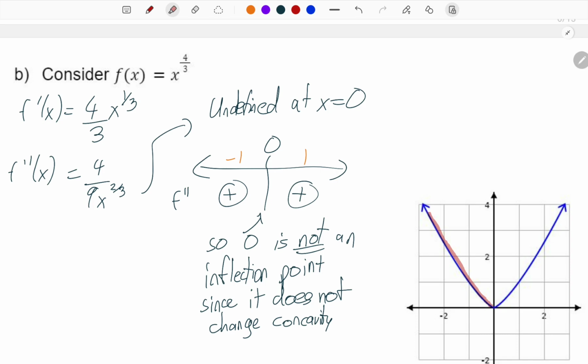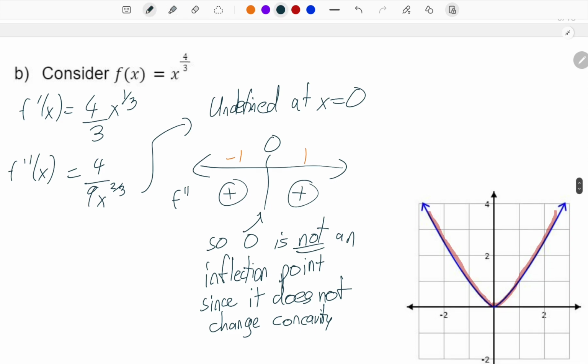Basically, it flattens out at the bottom there, and then goes up. So it is always concave up, except for the bottom part there, where the concavity is undefined. So we can say that's not an inflection point.